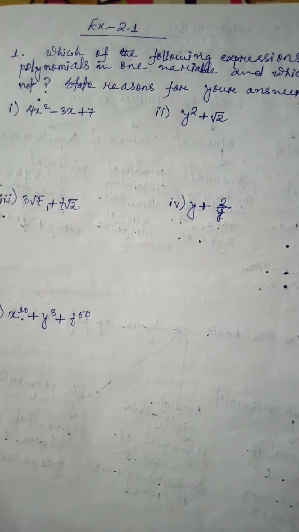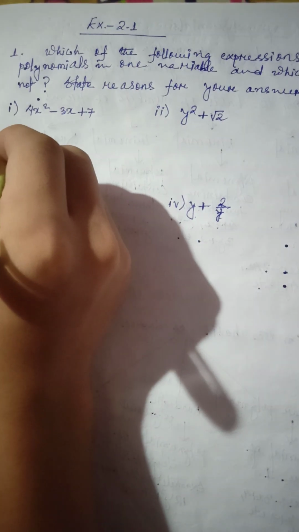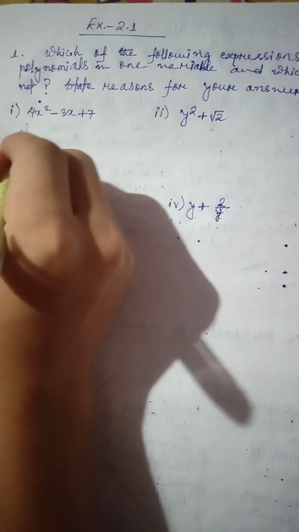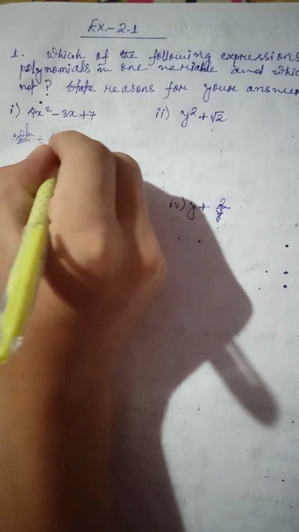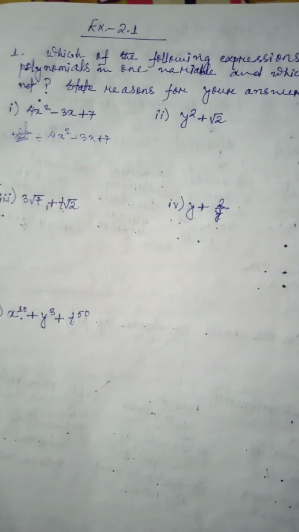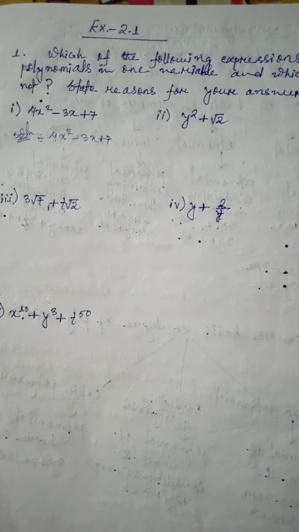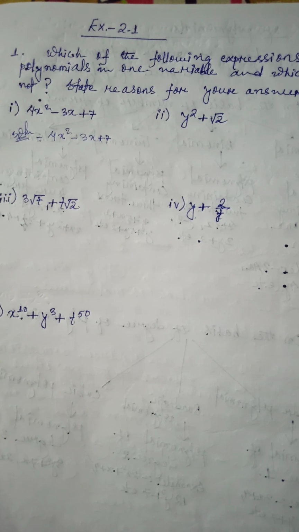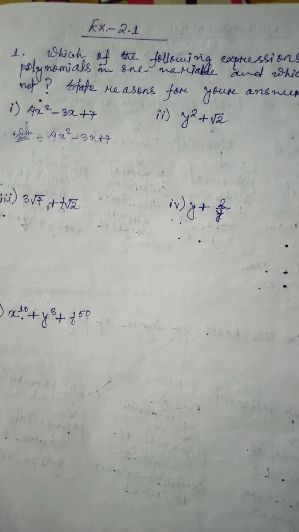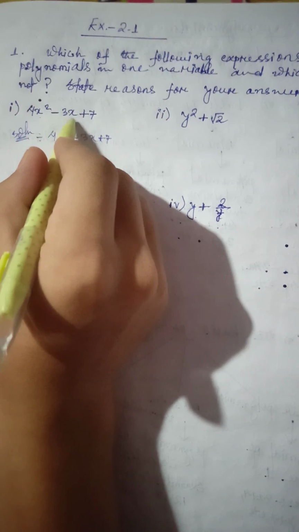In Roman number 1 we have 4x squared minus 3x plus 7. Solution: the question asks whether the given polynomial is a polynomial in one variable or not. As we already discussed in the definition of polynomial in one variable, whatever variable is here, it should be the same.